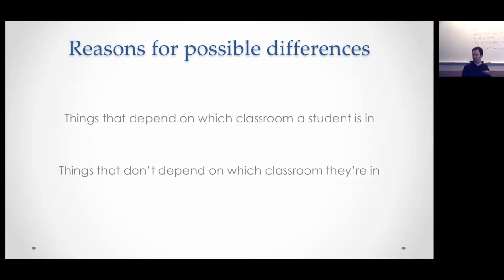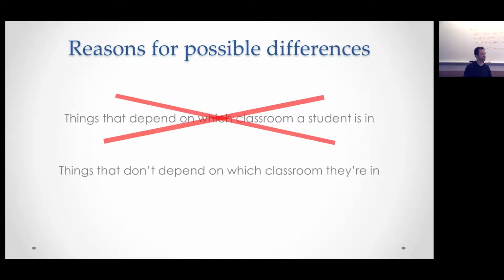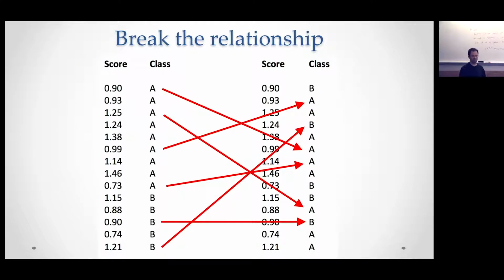Like that's why we do randomization in experiments. We have to hope that there's no other correlation between classroom and students. But if we think that's true, then what we can do is we can basically break the association between which classroom they're in and their test score through permutation.